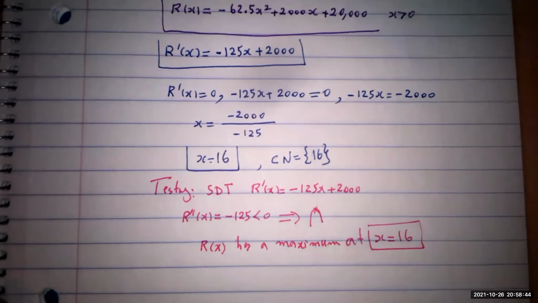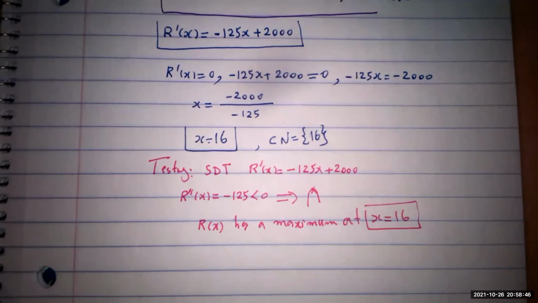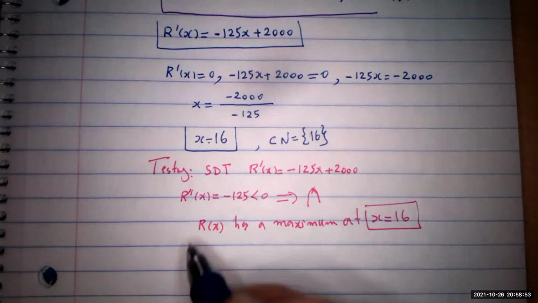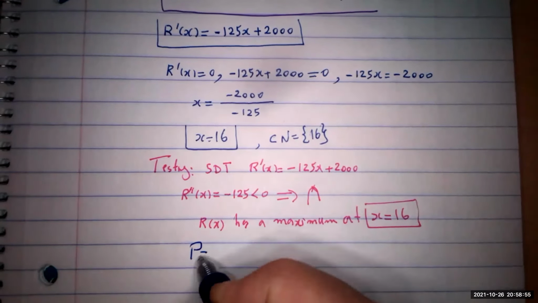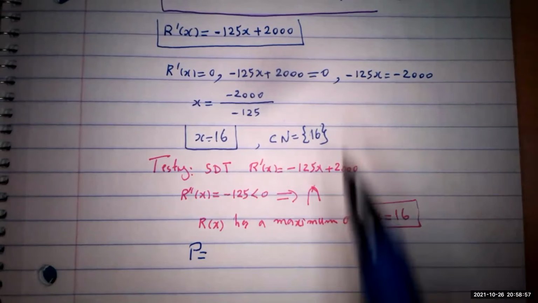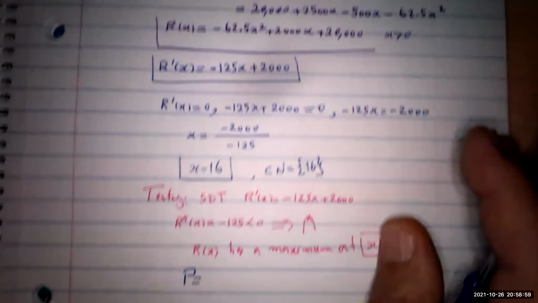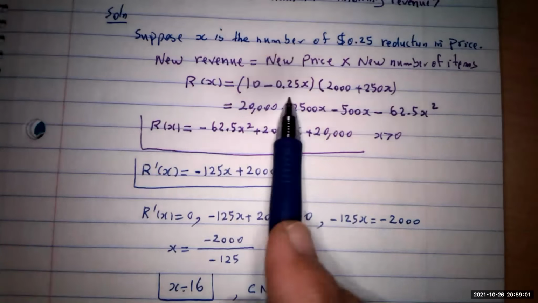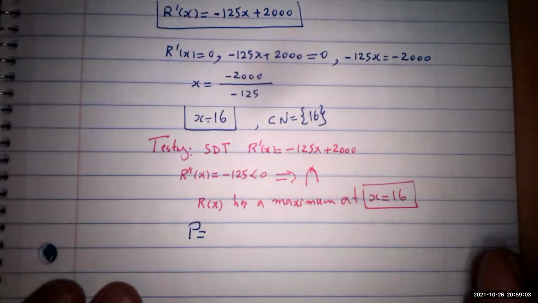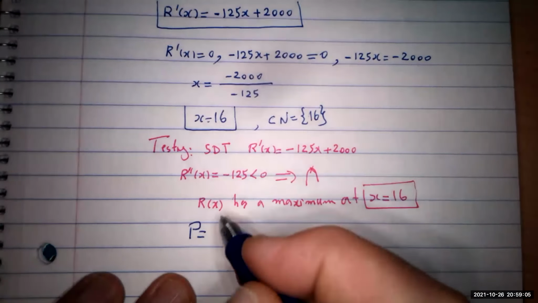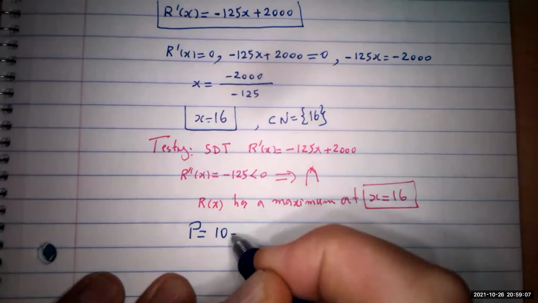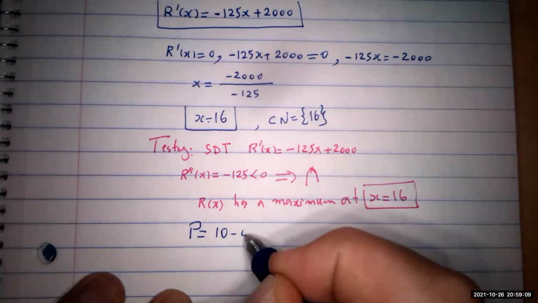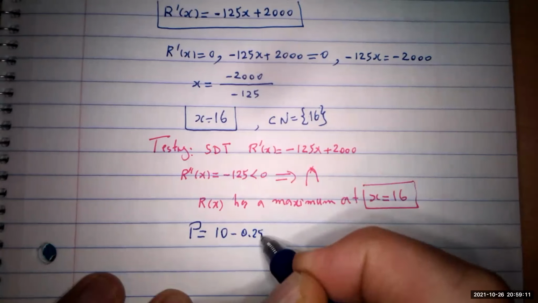Okay, so what they ask for is the maximum price and the maximum revenue. Now, the new price is going to be, okay, the price. Remember the original price was $10, and you reduce it. So this is going to be $10 minus 0.25x.